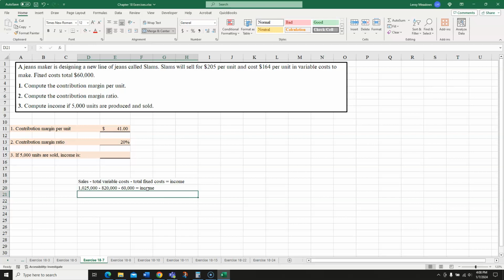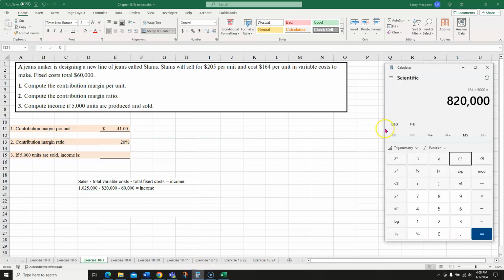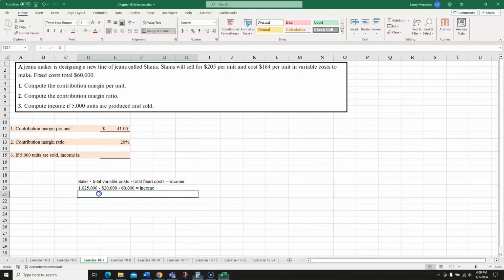So when I take my $1,025,000, subtract out my total variable cost of $820,000, subtract out my total fixed cost of $60,000, I will have income of $145,000. And so that's going to be my answer here.